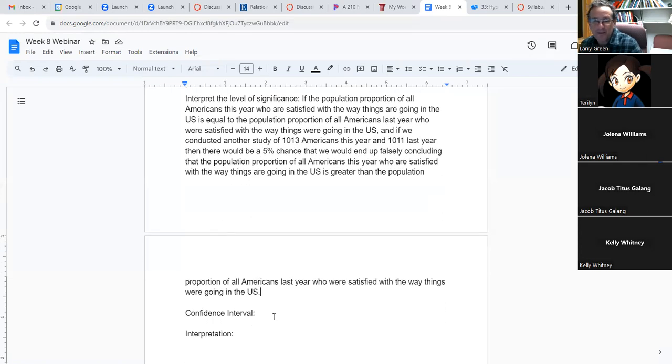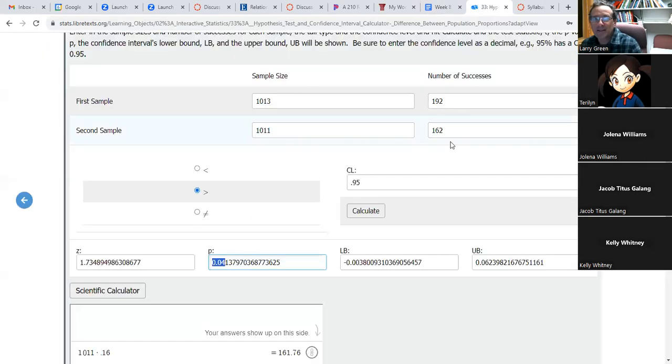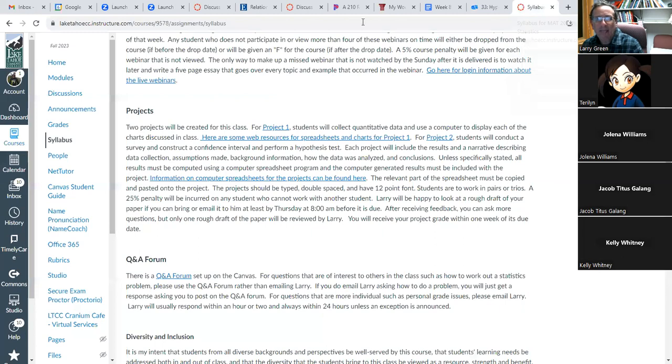Okay, the confidence interval. Let's go back to the calculator because I don't remember it. The lower bound is negative 0.0038. The upper bound is positive 0.0623.